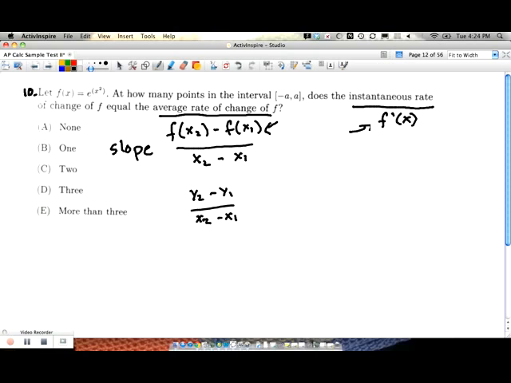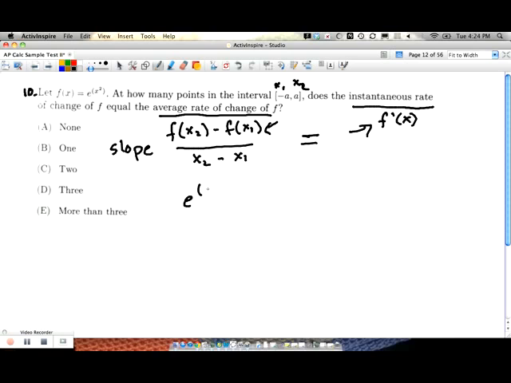Then we added function notation to it, and now we're looking at instantaneous rate of change rather than just average rate. But what we're really asking is, when are these two things equal to each other? Well, let's take a look at the pieces we have and start setting them up in a relationship that we can interpret. Well, f of x2 and f of x1, our x2 and our x1 are right here.